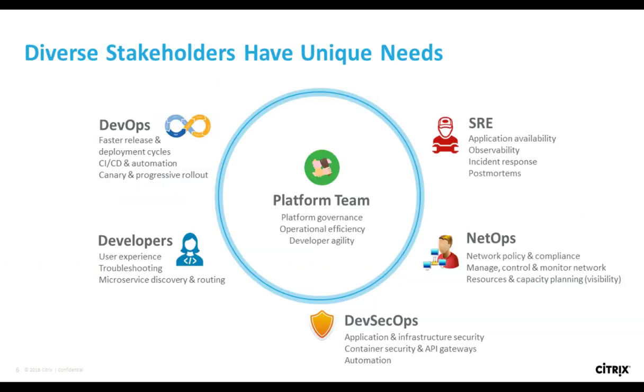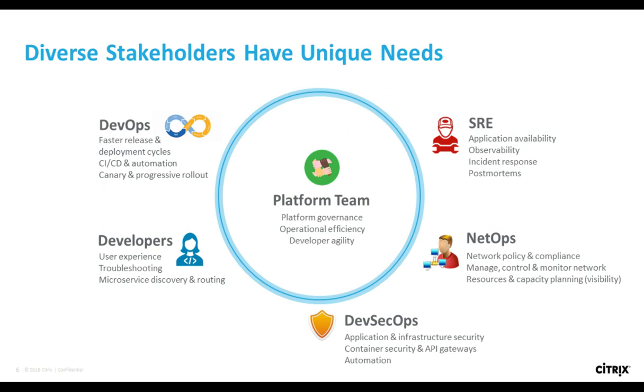But before we do that, let's look at who are the stakeholders for cloud native application delivery and how each one of them has their unique needs, and the architecture which you choose has to satisfy the unique needs of multiple stakeholders.